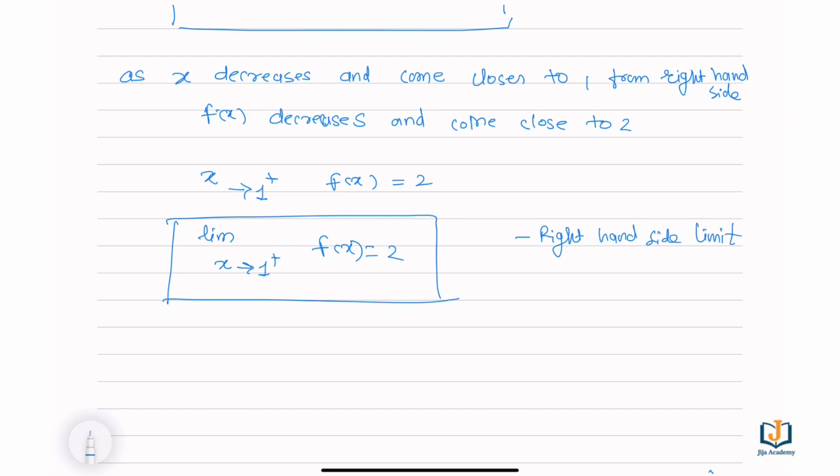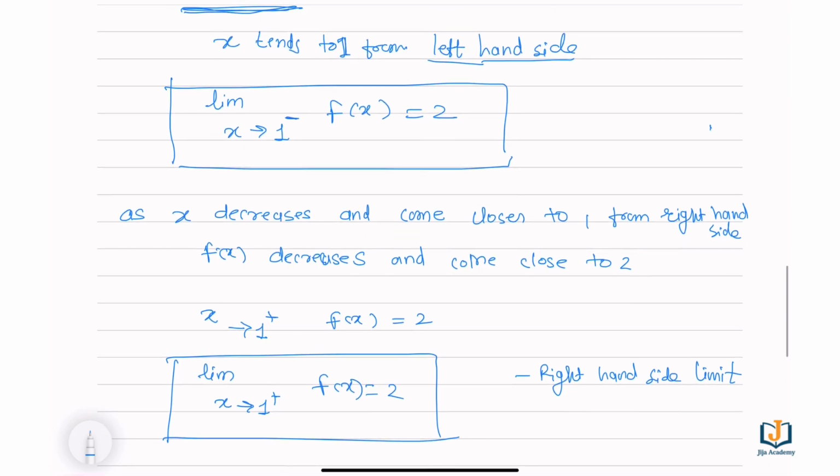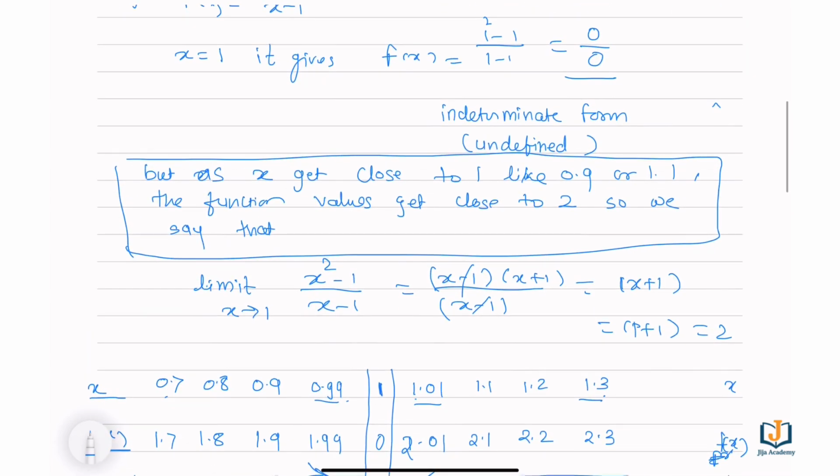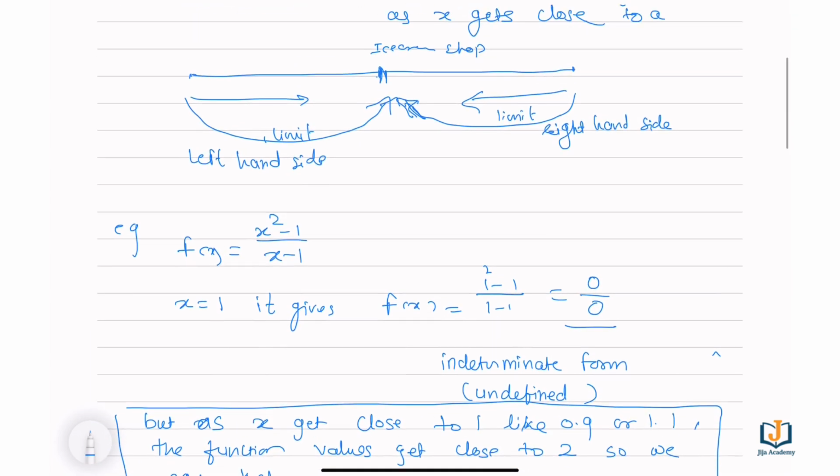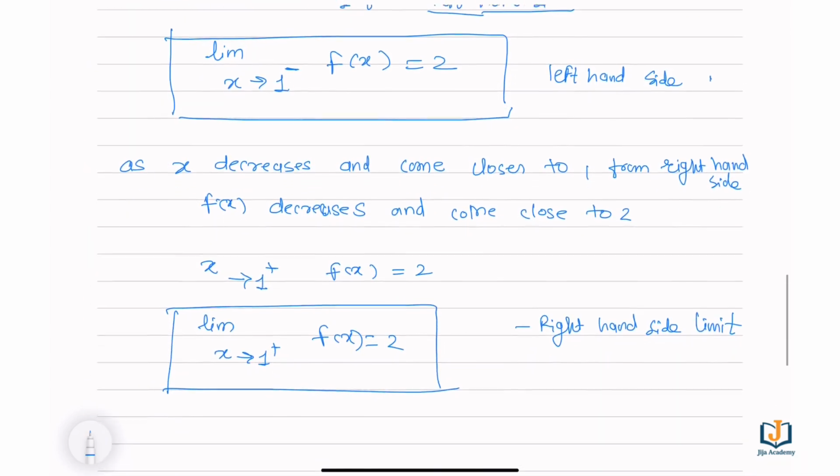So we got the left hand side and the right hand side limit. From this problem we get the observations.